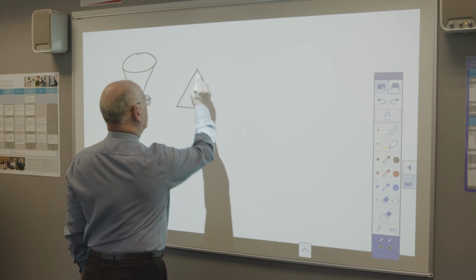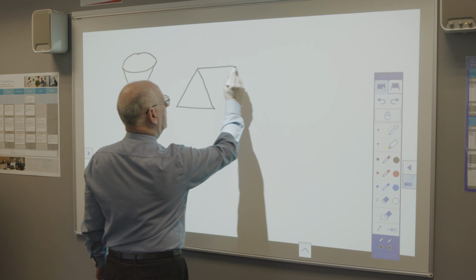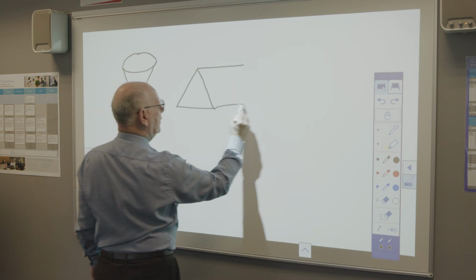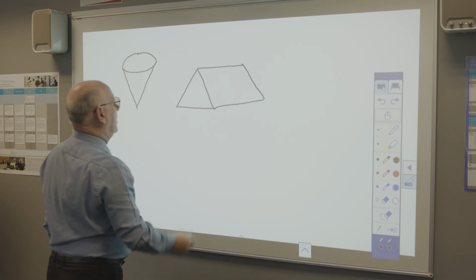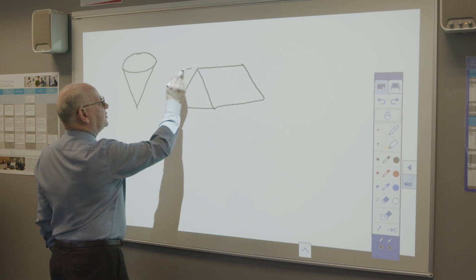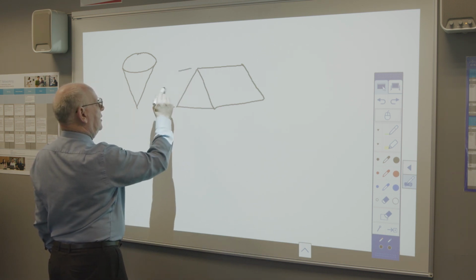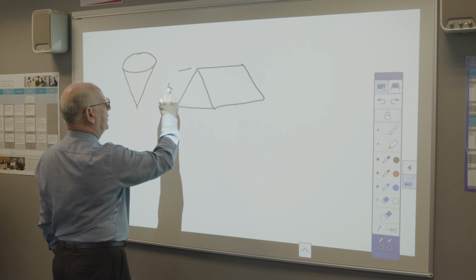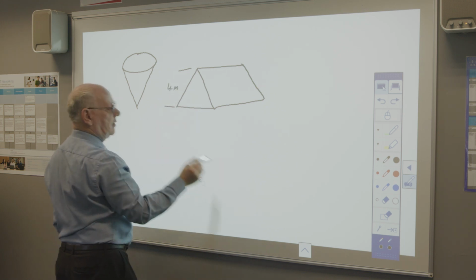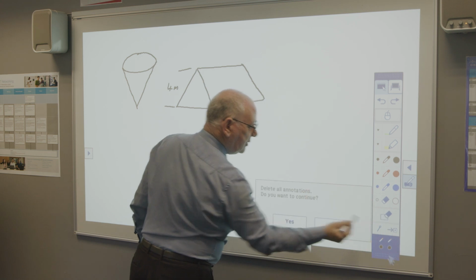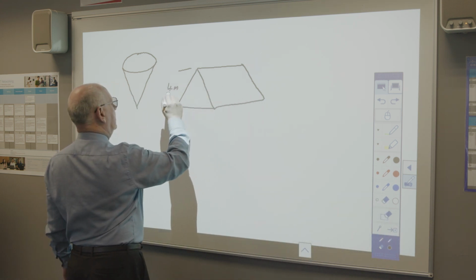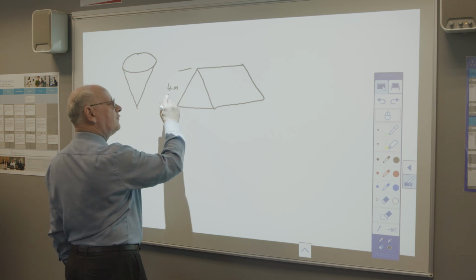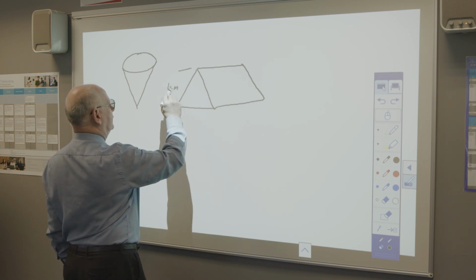So we have a triangular cross section, like a tent if you like. And we had a height of that, which was 4 meters, I reckon, no, that can't be right. 4 meters, 12 foot tall tent.